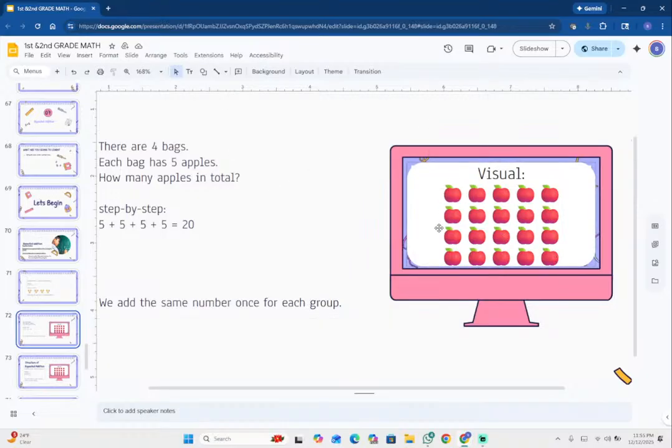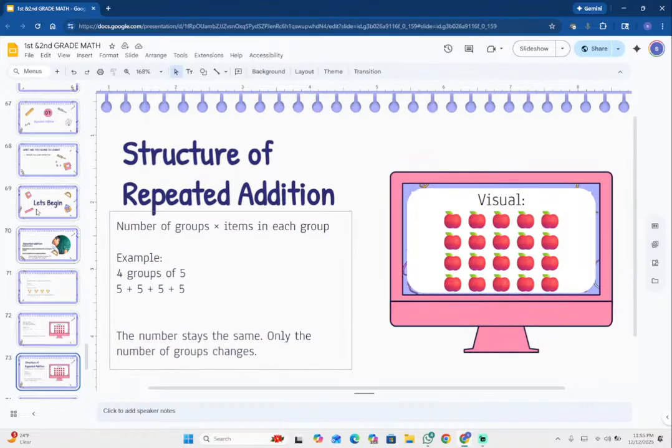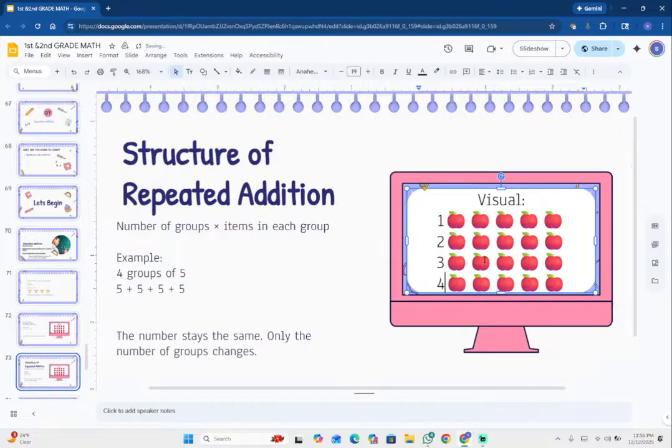So 4 bags, 5 apples each. The number of groups times the items in each group. So this is group 1, this is group 2, this is group 3, and this is group 4.